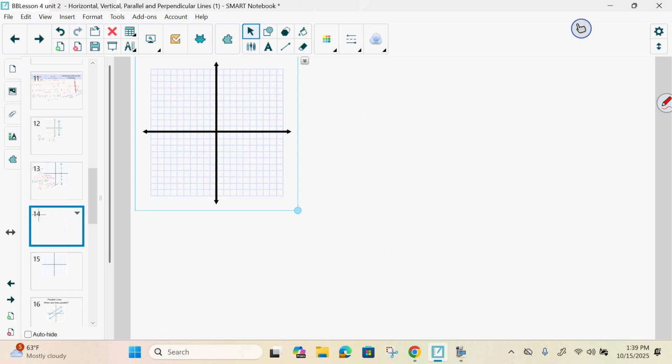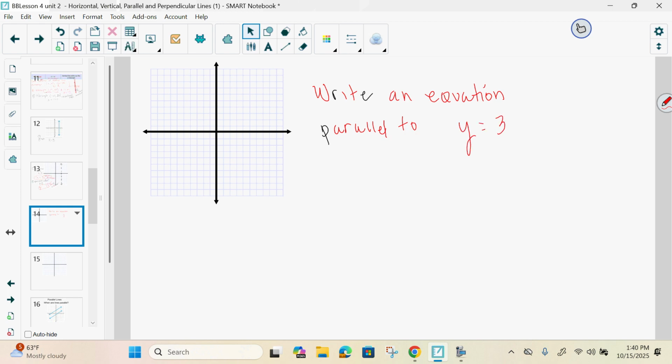Okay, so write an equation parallel to y equals 3x minus 1 that passes through the point 9, 2. Parallel to 3x minus 1 that passes through 9, 2.